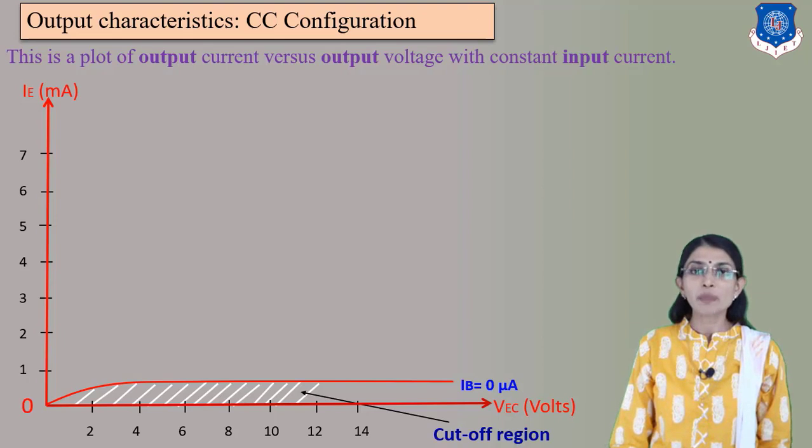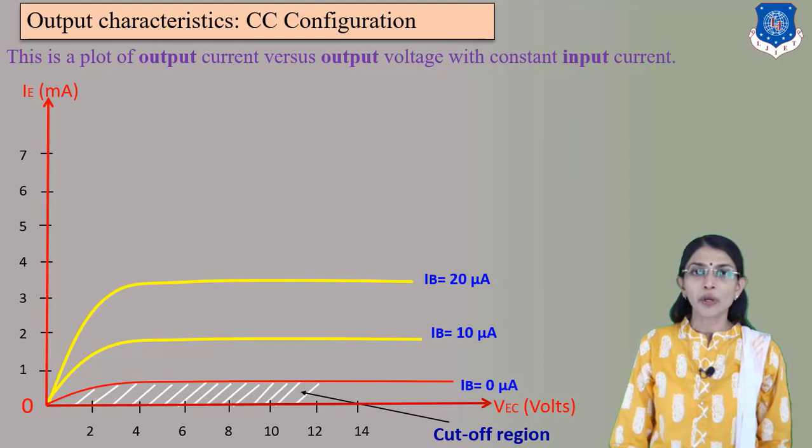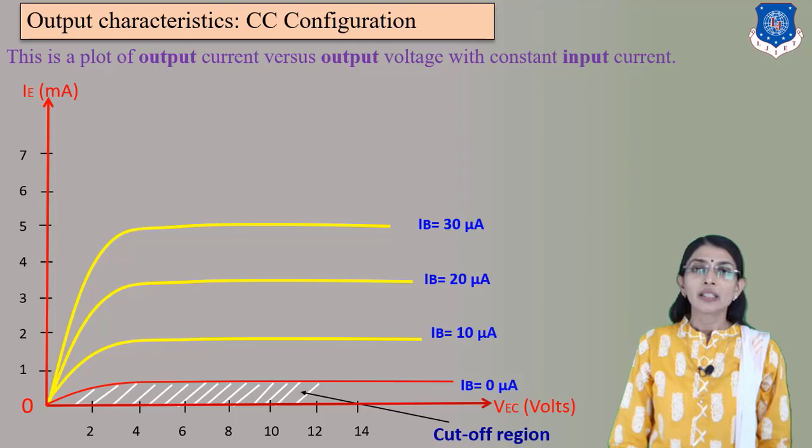Now for another experiment, let's assume IB equal to 10 microampere. Then again assume another constant value of input current, IB equal to 20 microampere. According to the assumption of different constant values of IB, 0, 10 microampere, 20 microampere, we are increasing the input current IB, and we are getting this output current, that is IE.